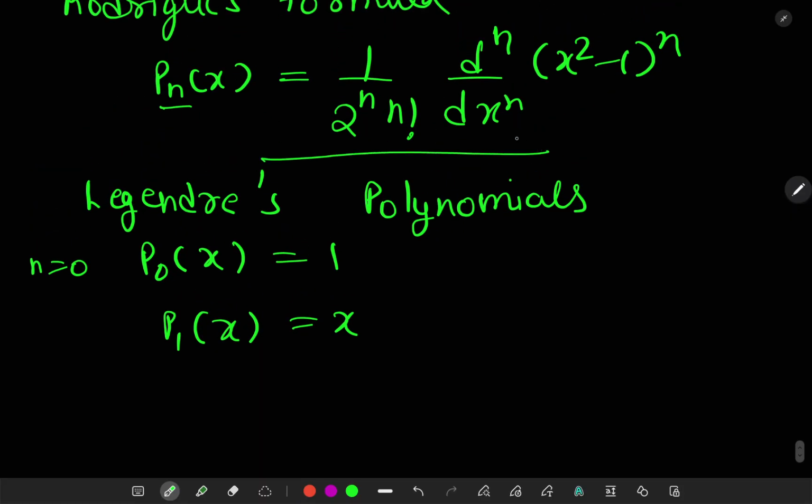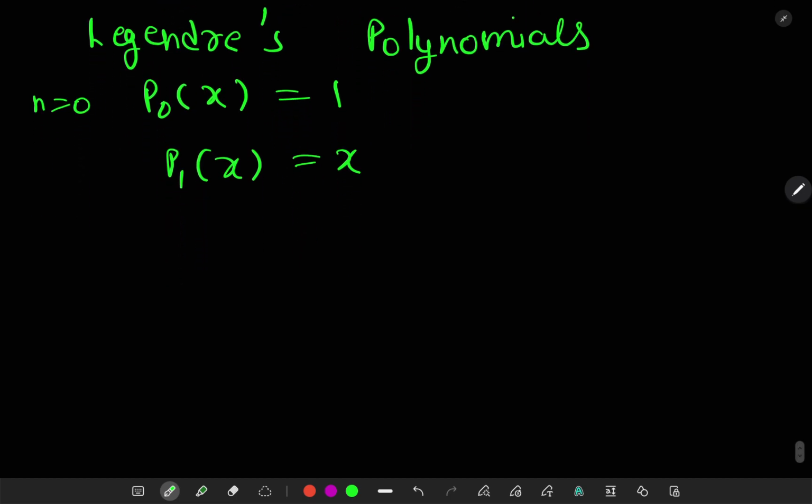We put the value of n in this Rodrigues formula and we get Legendre polynomial.